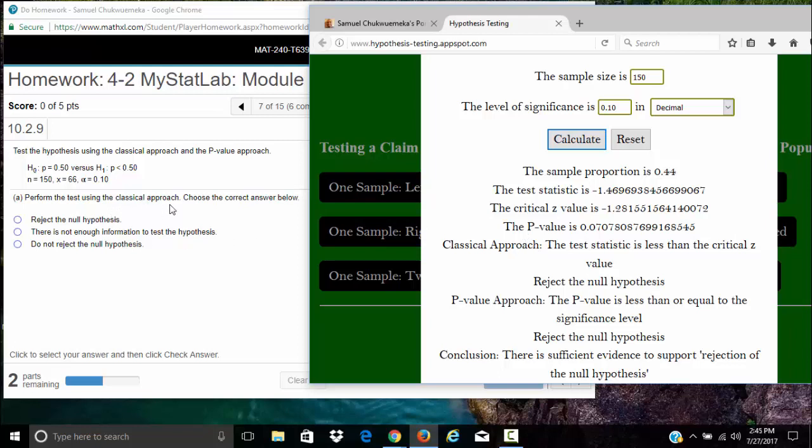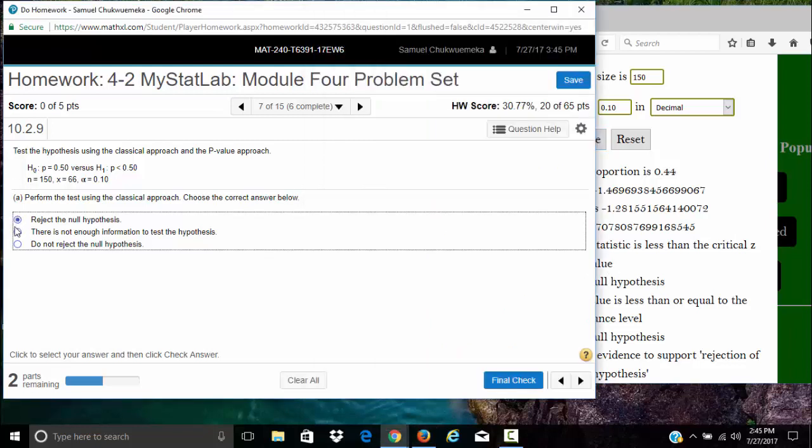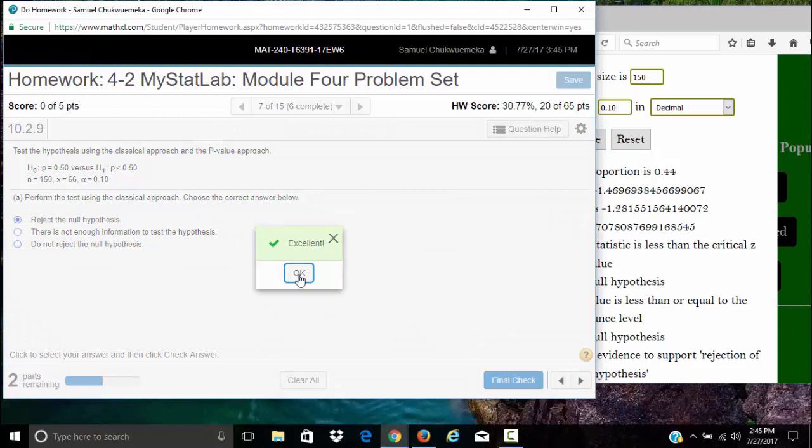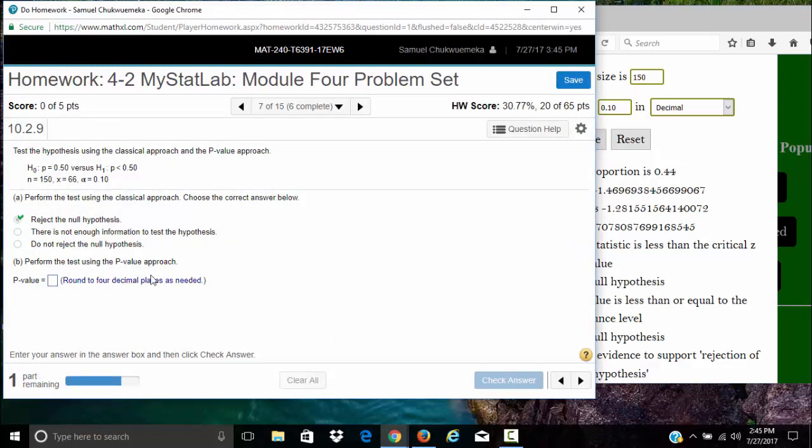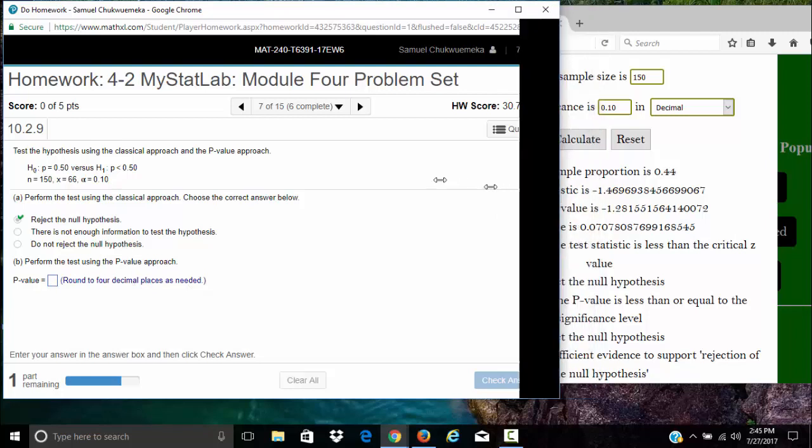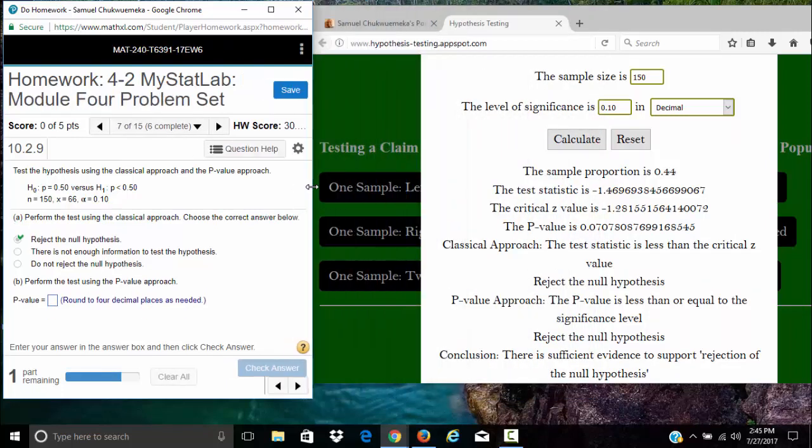Perform the test using the classical approach. Choose the correct answer below. The classical approach: if the test statistic is less than the critical Z, you reject the null hypothesis. So this will be reject the null. Perform the test using the p-value. What is the p-value? We can see the p-value here, and they say round to 4 decimal places as needed.